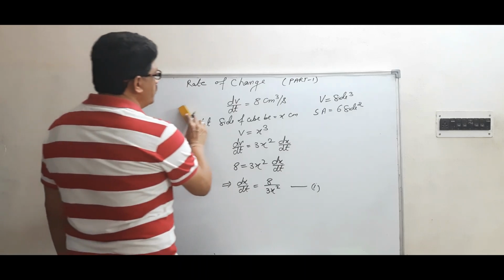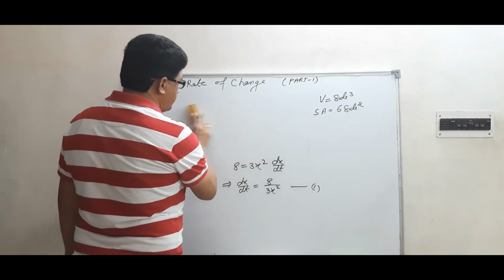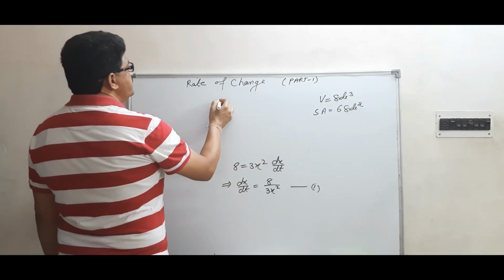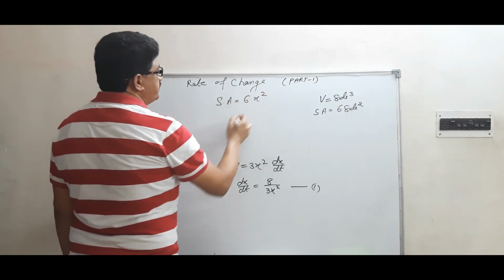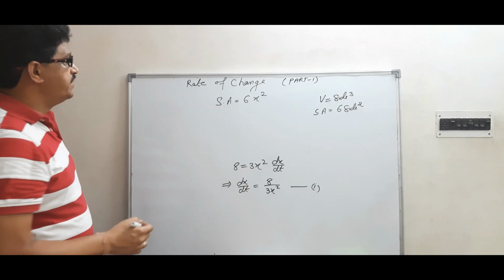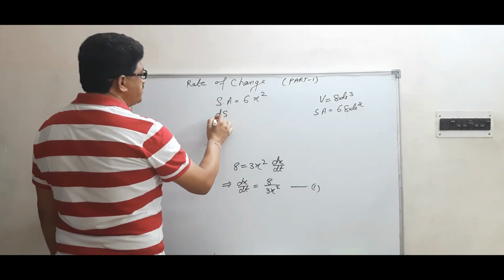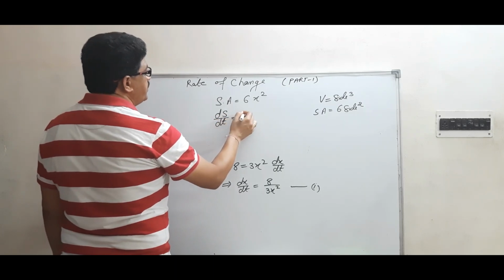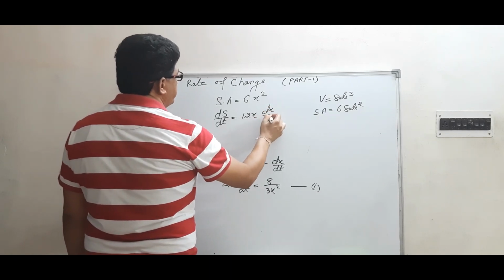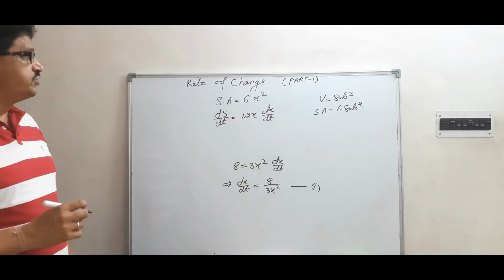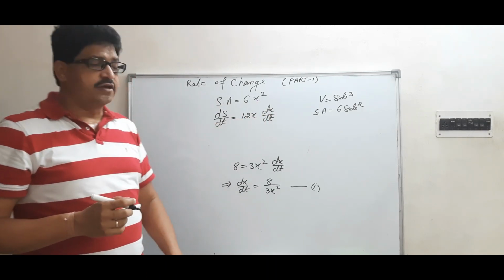And now we want to find out change in surface area. Surface area is 6x square, and change in surface area with respect to time is dS upon dt, 12x dx by dt. The differentiation of surface area with respect to time is dS upon dt.